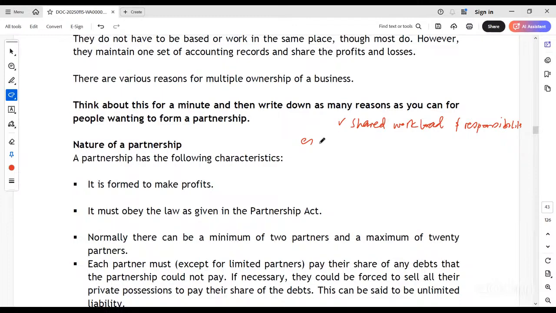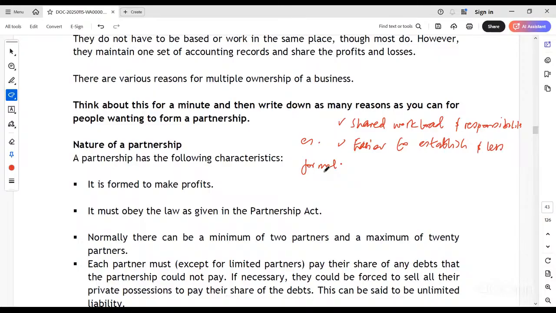Then the other thing is that the partnership is also easy to start, easier to establish, and it's less formal. So it's very easy to start up a business when you compare it with maybe a company.